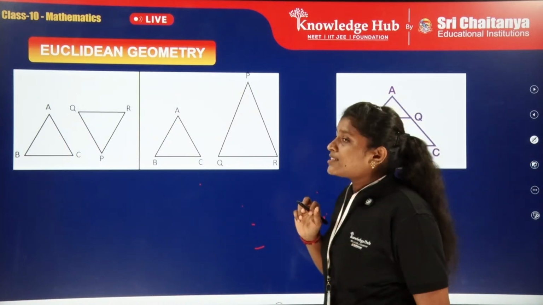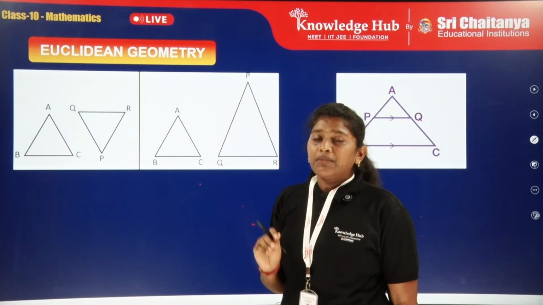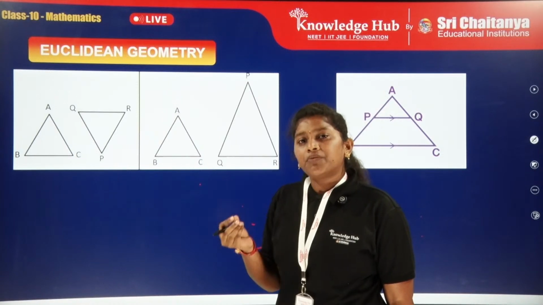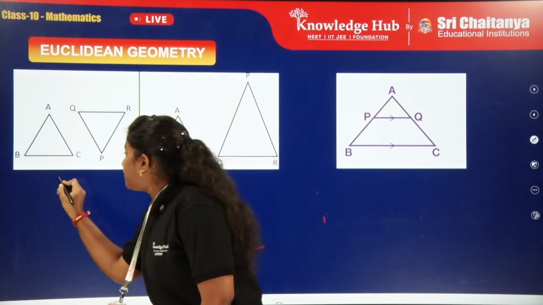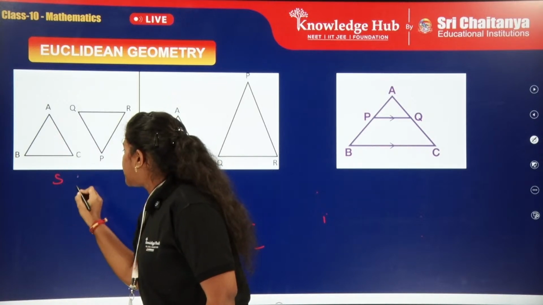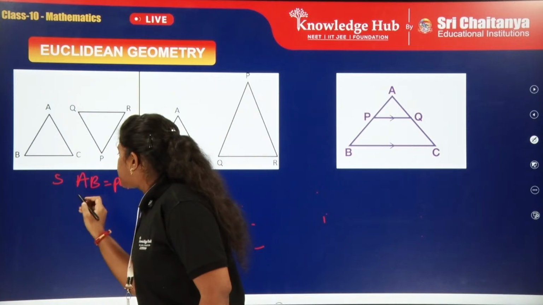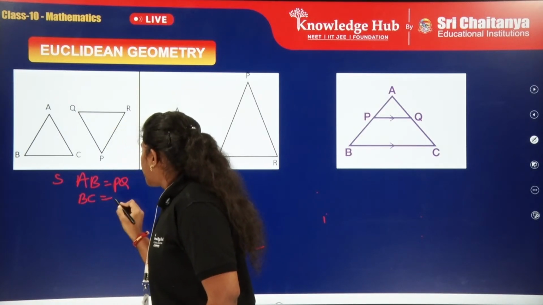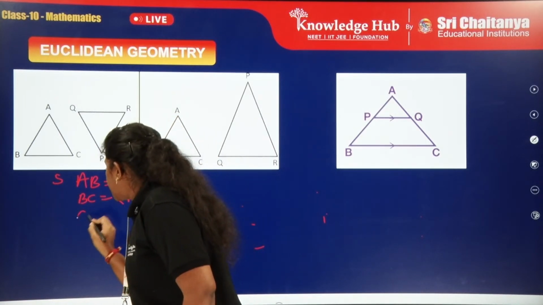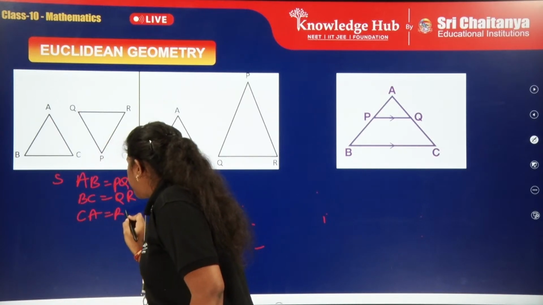So we are having the criteria starting with sides. I am saying that all corresponding sides are equal for the congruency. That means AB equals PQ, BC equals QR and CA equals RP. Okay.